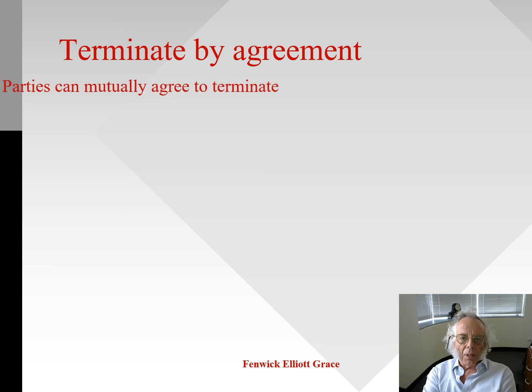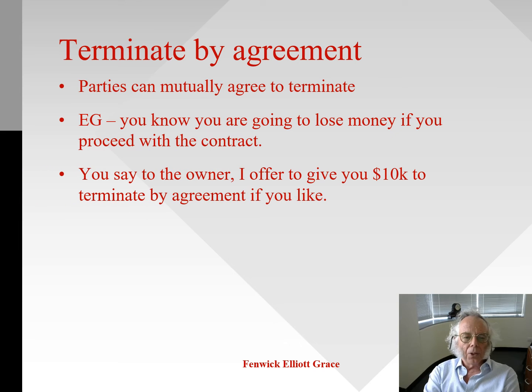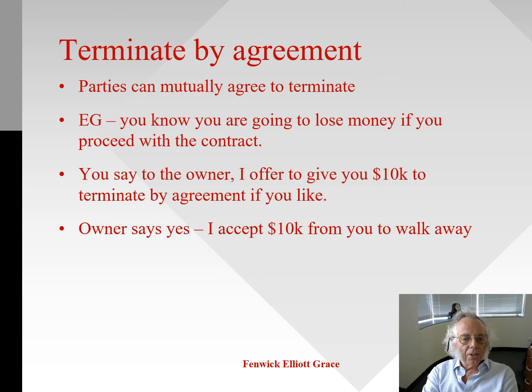Parties can terminate their contract by agreement. They can mutually agree to terminate. So if you know you're going to lose money if you proceed with the contract, you could say to the owner, look, I'll offer to give you $10,000 so that we can agree to walk away. We'll terminate by agreement, if you like, that's what we'll do. And the owner might say, yes, I'll accept $10,000 from you to walk away.